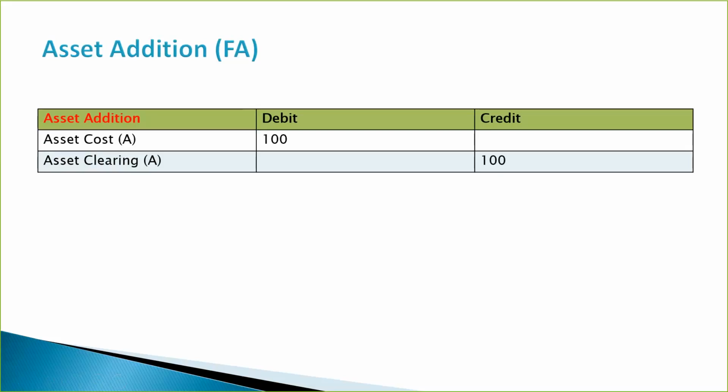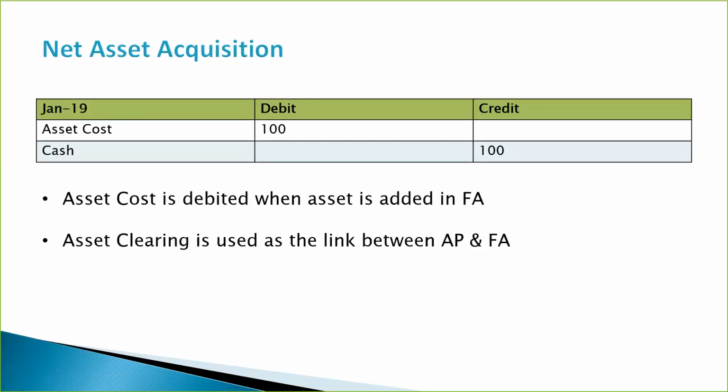But in FA, as you have seen, there's nowhere where we are touching the cash account. So the asset clearing account is used as the link between FA and AP. So this is the net.